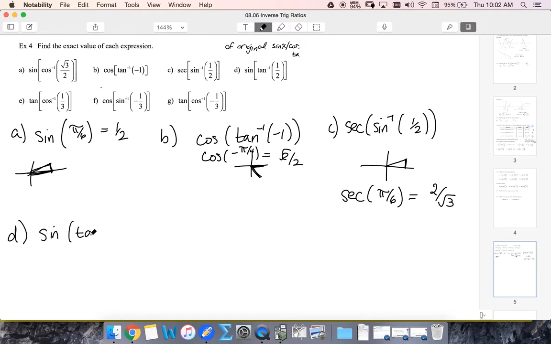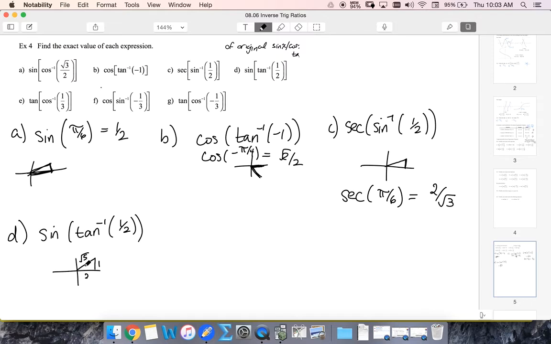Sine of tan inverse of 1/2. Well, tan inverse of 1/2 is not one that I know, but I know that tan being 1/2, my ratio is going to be somewhere over here, and I'm going to have 1 over 2. That's going to give me root 5 for there.